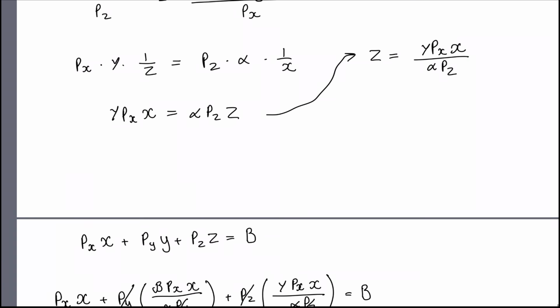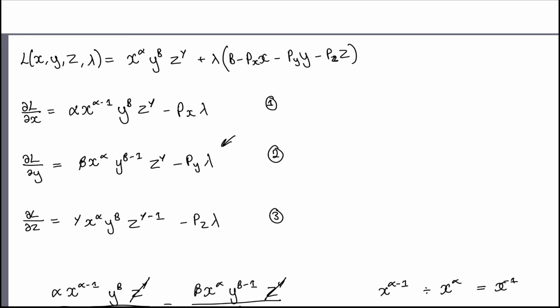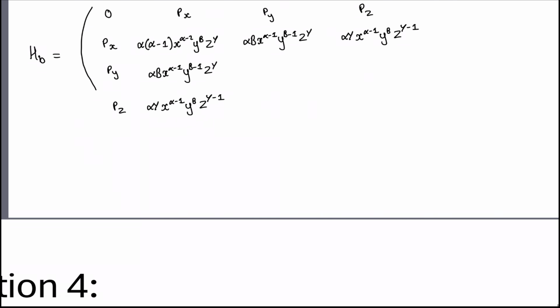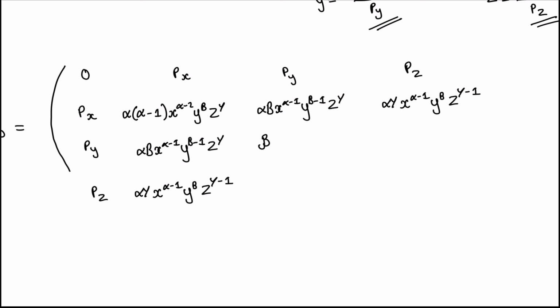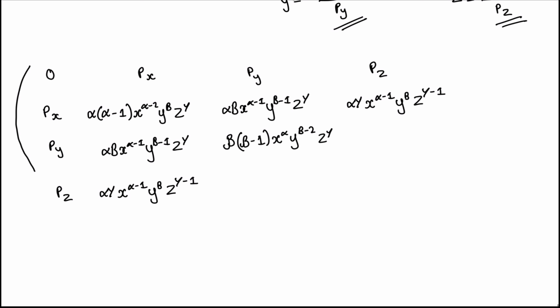Now, if we differentiate this with respect to y, we get beta, brackets beta minus 1, x to the power of alpha, y to the power of beta minus 2, and then z to the power of gamma. And differentiating with respect to z, we get beta gamma, x to the power of alpha, y to the power of beta minus 1, and then z to the power of gamma minus 1.